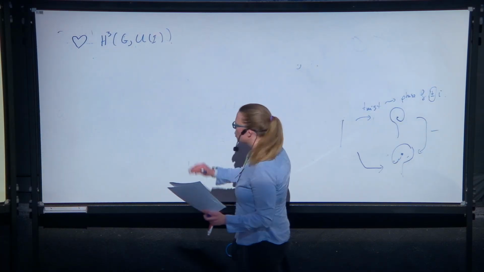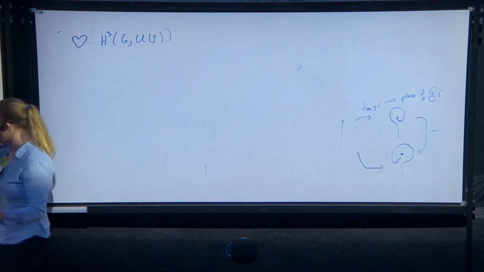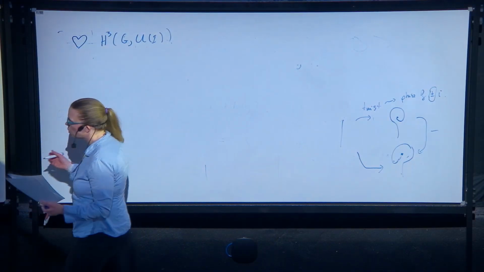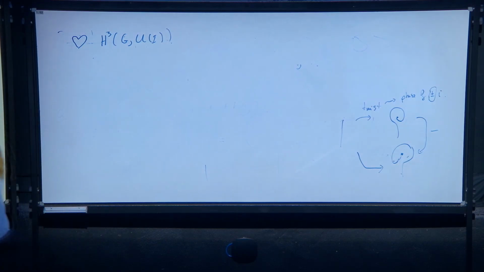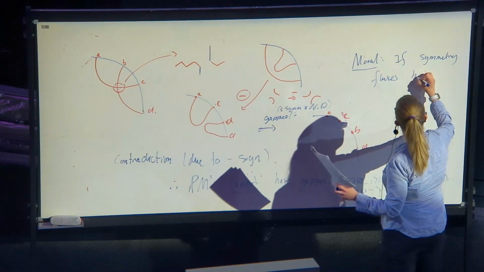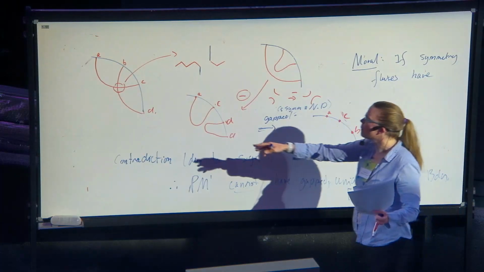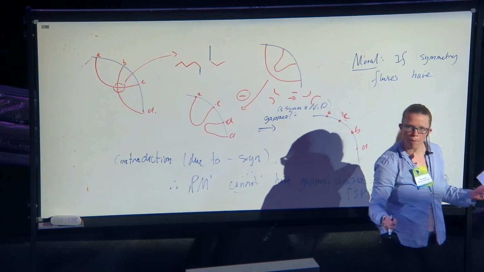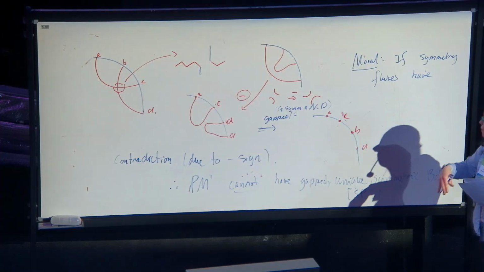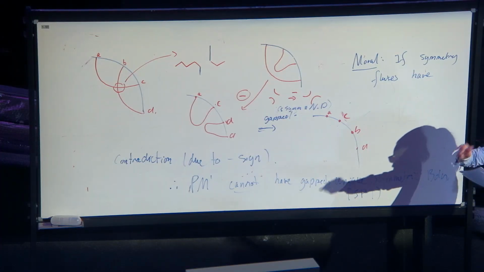Okay, but yeah, so let me just make a comment. This is a very general argument. And so the moral is, if my symmetry fluxes, remember, this minus sign also told us that if we allowed these to be point particles in the bulk, they had non-trivial braiding statistics with each other.